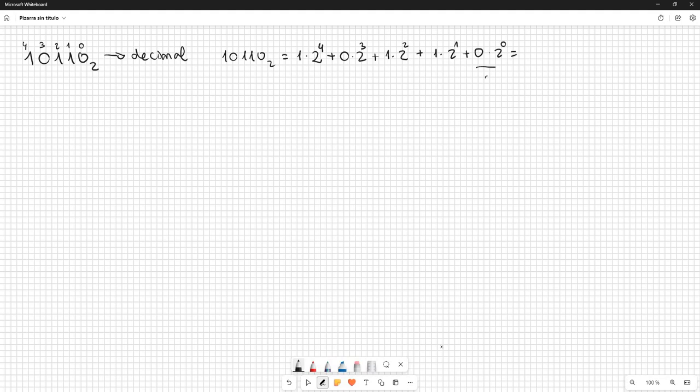This is 0, this is 2, this is 4, this is 0, and this is 16. So if we sum all the values, we have that the decimal number is 22.